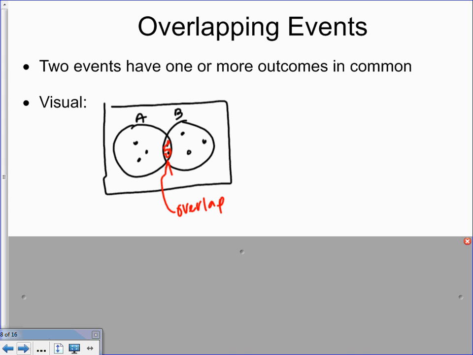So what we have pictured there are two compound events, A and B, and then what I highlighted in the middle, that intersection of the two circles, that of course is going to be our overlap. So some events can be both, like the example that I used, female and sophomore. Okay, there are some people who fit only one category, and then there are others who fit both categories.